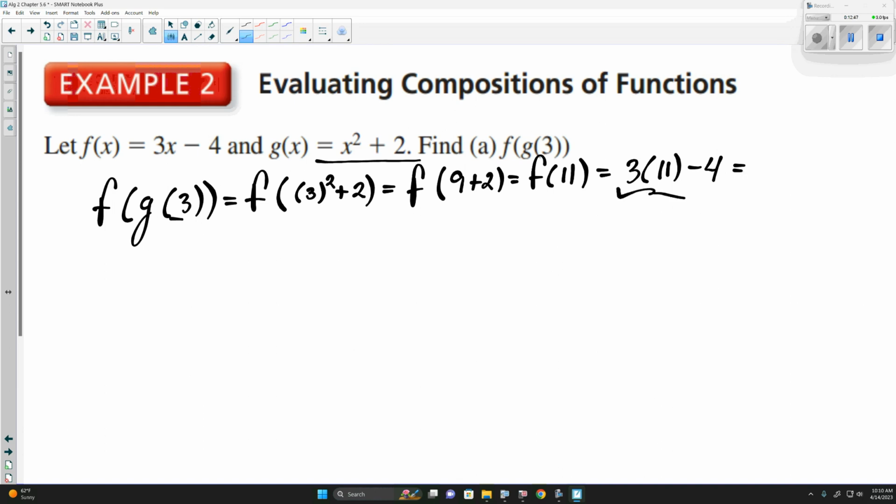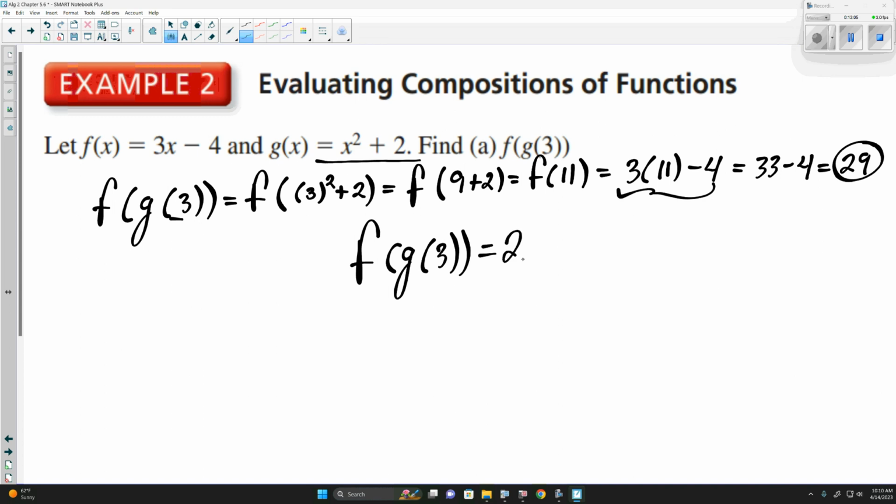Again, we could type this into a calculator. It would give us our answer. If we did it by hand, it would be 33 minus 4, which is 29. Telling us that f of g of 3 is 29. And that's it.